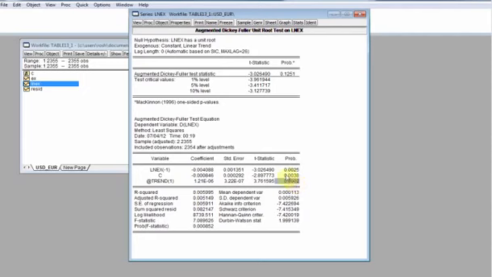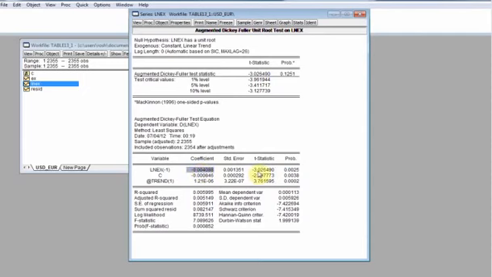Now if you look at the t-statistic of our lnx, it is minus 3.026490, which is the same as this t-statistic. In this test we ignore the probability values here because this coefficient is not normally distributed.